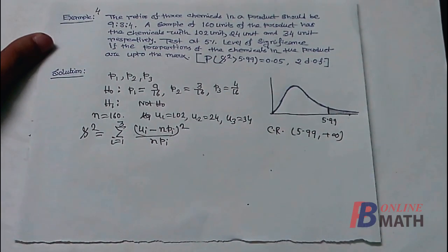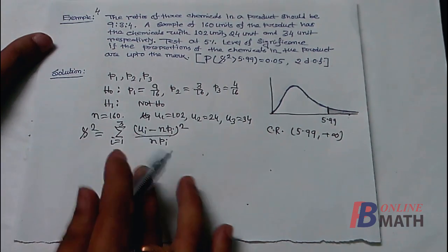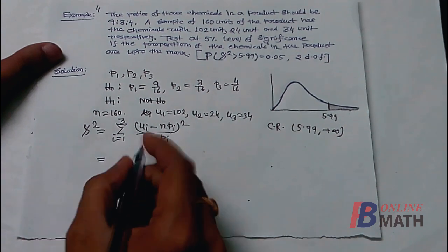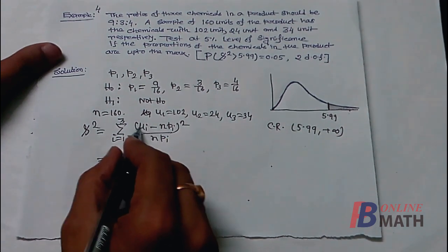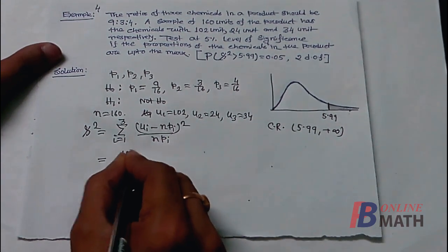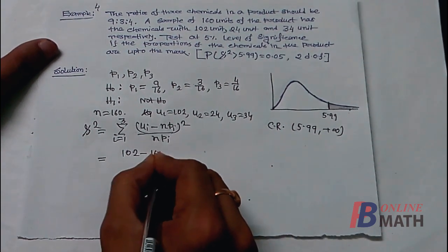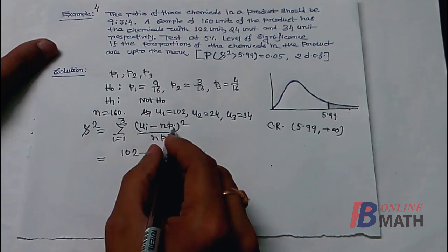Okay, next we have to compute the value of this test statistic, and here we find that this should be equal to, first of all, u1, what is the value of u1? It is 102 minus npi. Now n is 160 multiplied by pi, so what is the value of p1?